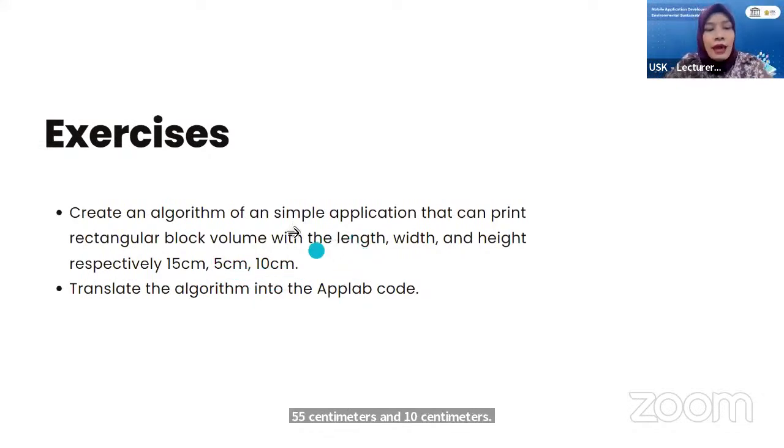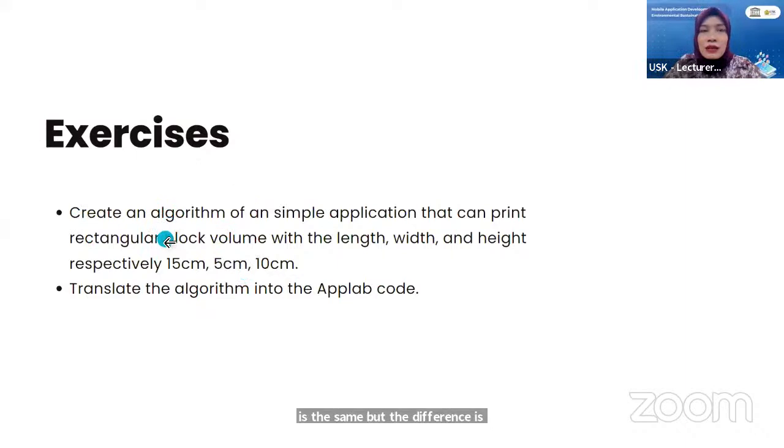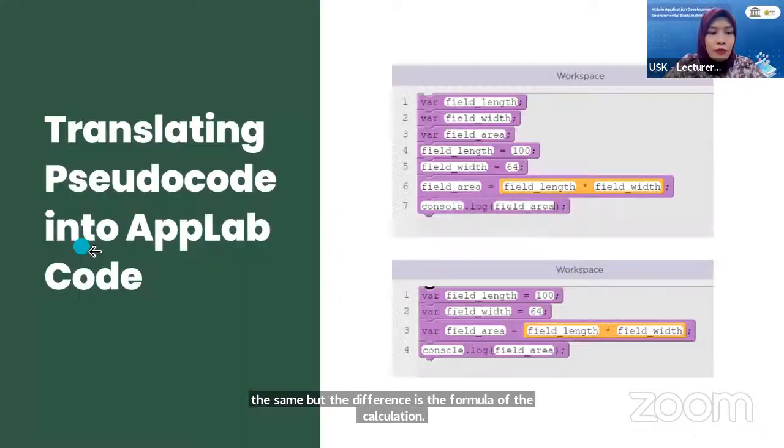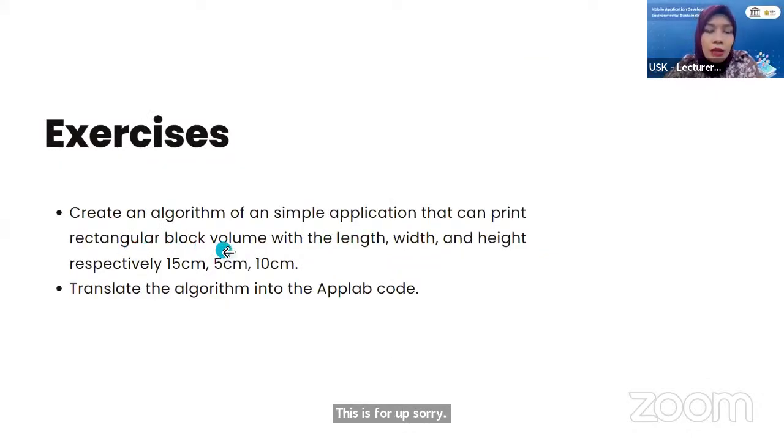Okay. And then after you have the algorithm, you translate that into the App Lab code. Basically, this is the same, but the difference is the formula of the calculation. This is for the rectangular block volume.